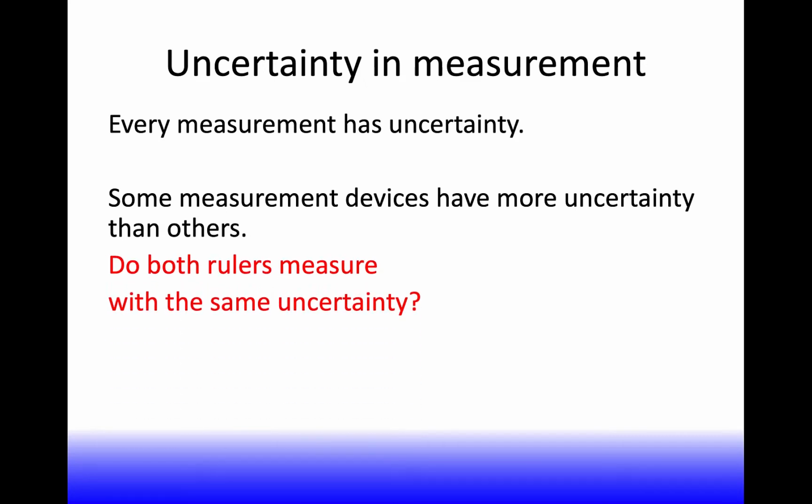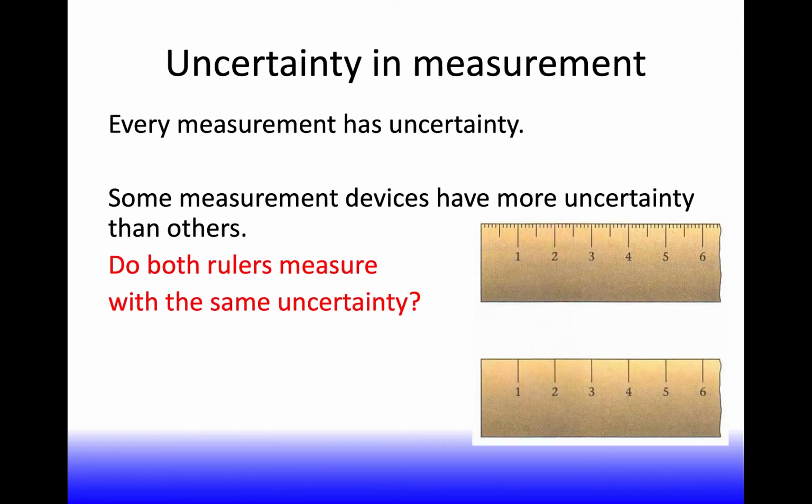Now, take a look at these two rulers. Do they both measure to the same amount of uncertainty, or is one of them going to give you less uncertainty? Think about it. Suppose you are right here versus right here. If you're right here, it looks like about 1.7 centimeters, or 17 millimeters if you'd like to do it in millimeters.